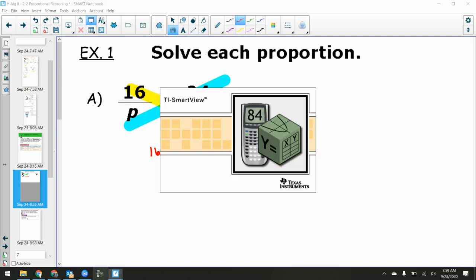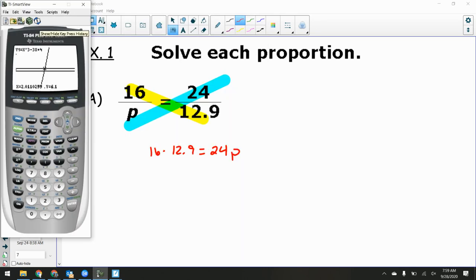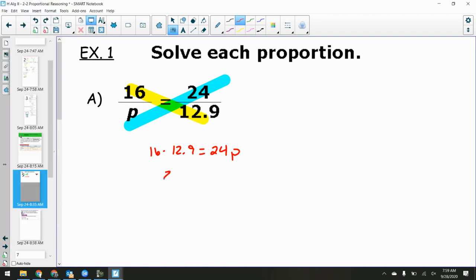So let's go to my calculator there. I don't know 16 times 12.9 off the top of my head. 16 times 12.9 is 206.4, equal to 24P. Okay?